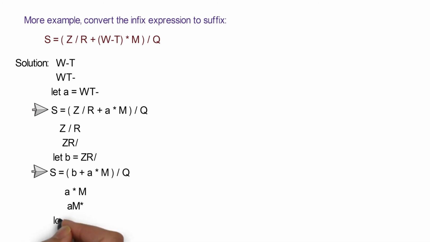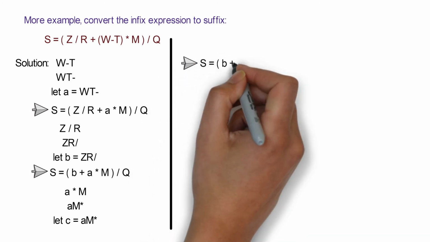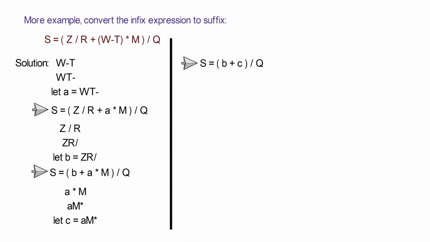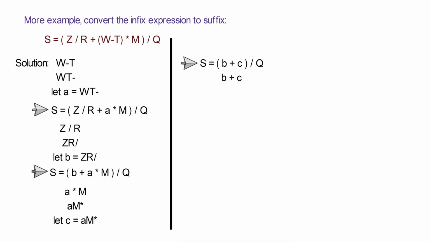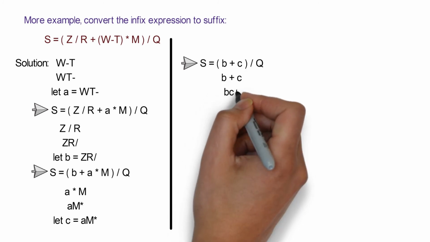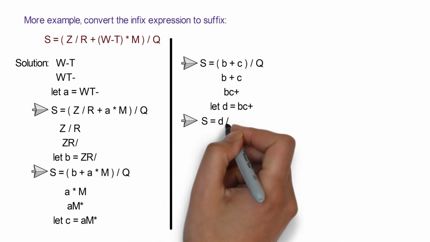Let's equate that to C. Then we will rewrite the expression as S equals B plus C all into bracket divided by Q. The bracket is still rolling, so we tackle B plus C. Suffix form is BC plus, and then equate it to D. Then we rewrite the expression again as S equals D slash Q.